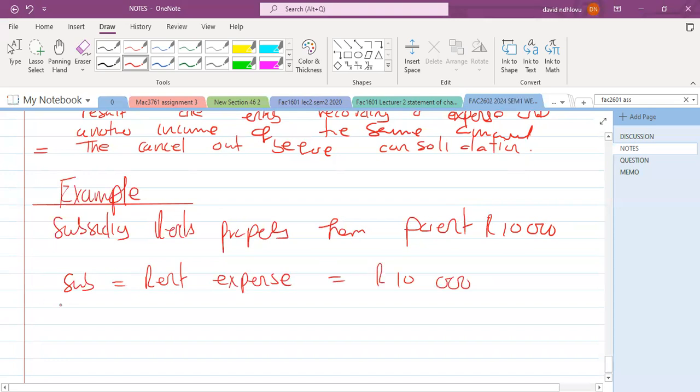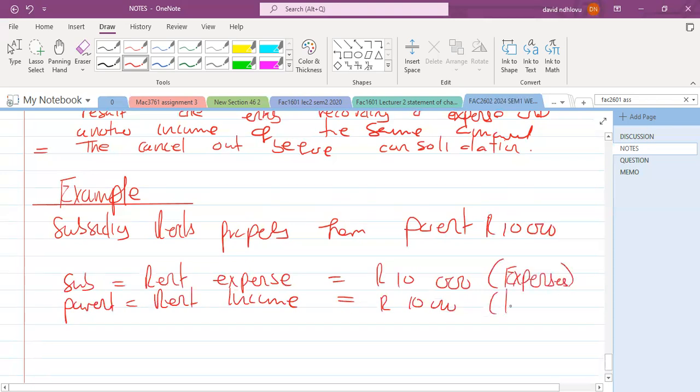To the parent, this is rent income of 10,000. This goes to expenses. This goes to income.